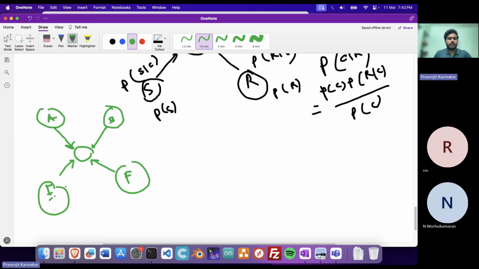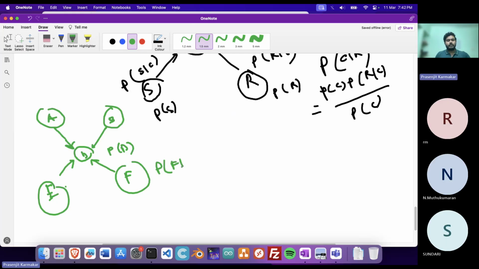Let's say E, F, and there is a D here. Now they are given probability of D, probability of F. Sorry, the arrows are different.